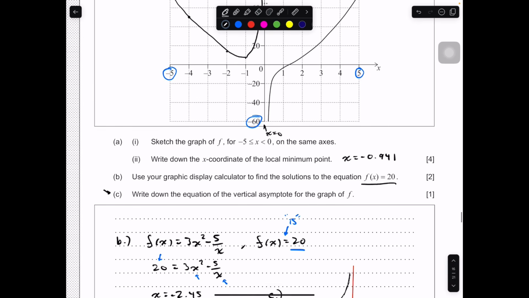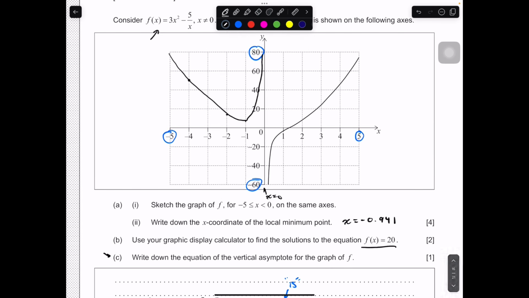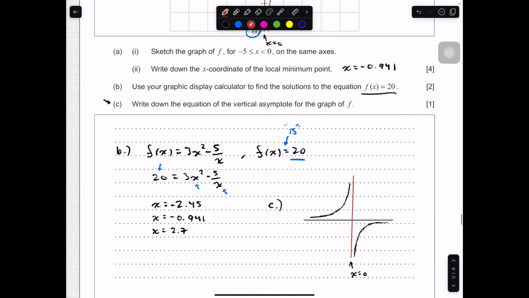Here it is, this line that we approach but never reach, the line that we come close to. Remember, horizontal asymptotes in this case would be on the horizontal axis. What do we approach but never reach? Well, in this case it would be y is equal to 0. So vertical asymptote occurs when x is equal to 0.